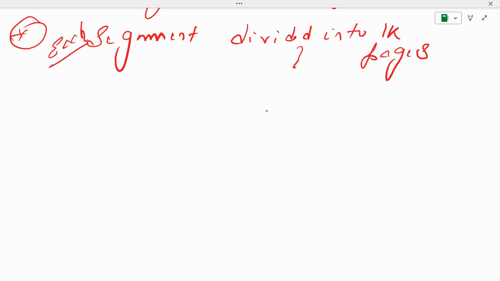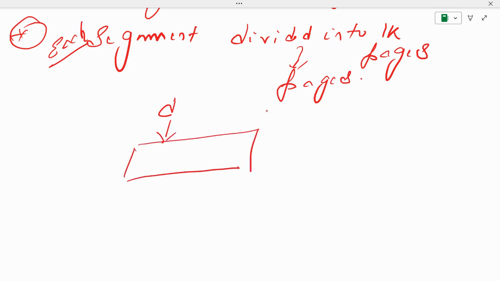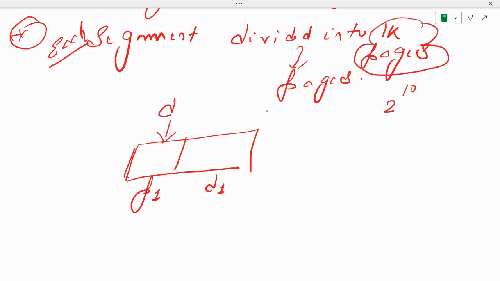So definitely paging is applied onto the segment, right? If the segment size is D, then it will get divided into two components: first is P1 and second is D1. P1 becomes 1K pages for each segment, so 2 raised to the power 10, that is, P1 is allocated 10 bits. This is clear from this.